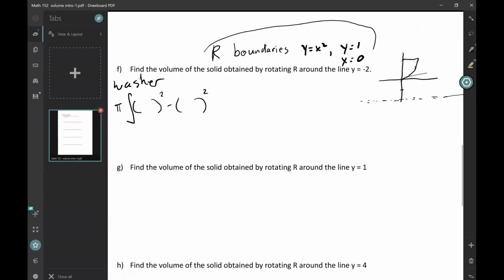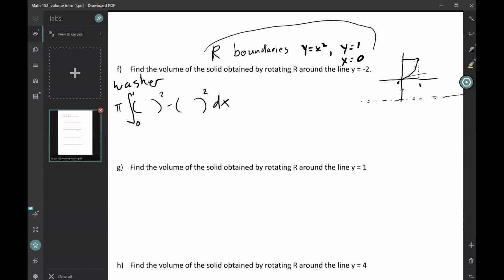So with the disk washer method, when you're rotating around a horizontal line, that means the washers are going to be stacked horizontally instead of stacked vertically. So the little bit of thickness is going to be a little change in x. So this is going to be dx, which tells me my limits of integration have to be in terms of x, and we're going from 0 to 1 here. And the expression has to be in terms of x.